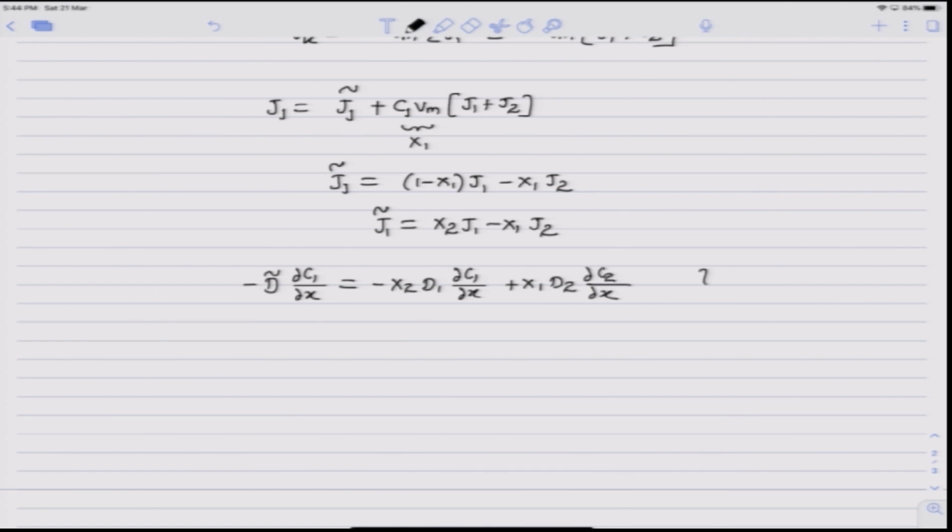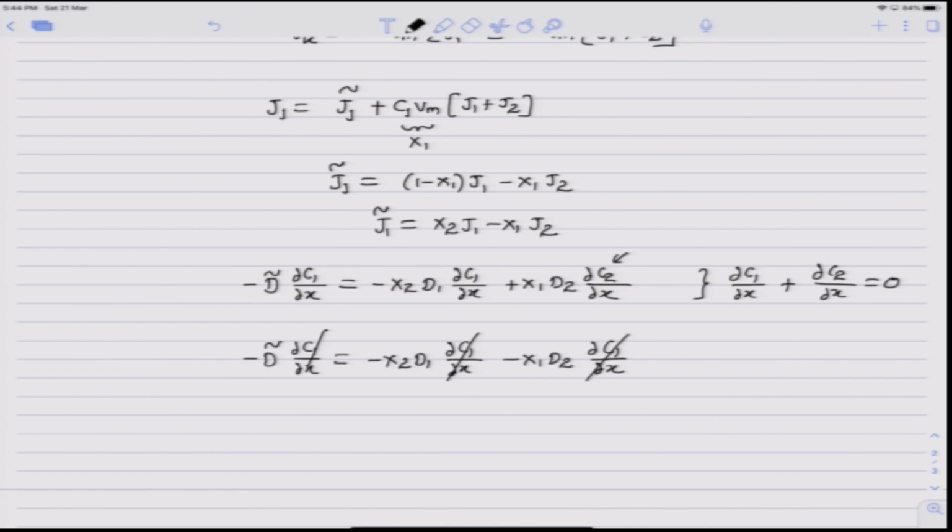And for constant molar volume, we have dou C1 by dou x plus dou C2 by dou x equal to 0. So dou C2 by dou x is simply negative dou C1 by dou x. If we substitute here, we get minus D tilde dou C1 by dou x equal to minus x2 D1 dou C1 by dou x minus x1 D2 dou C1 by dou x.